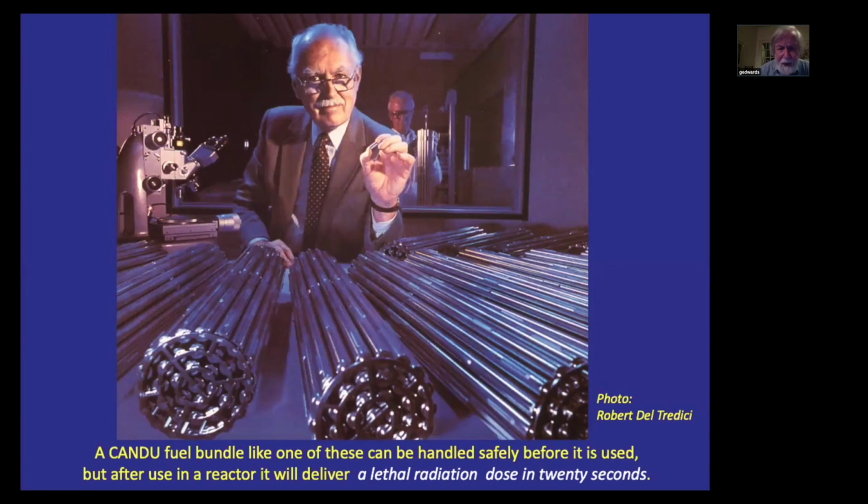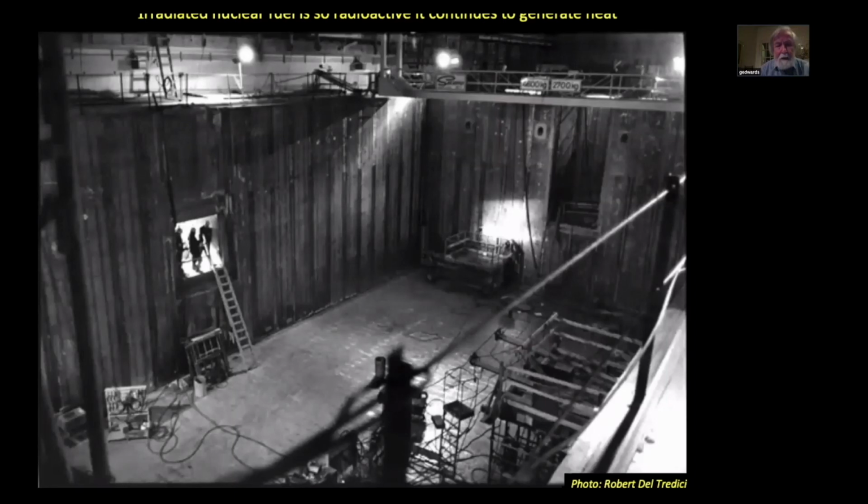However, inside the reactor, the uranium atoms are split, and we get an accumulation of very radioactive fission products, which are so intense that one of these fuel bundles would kill any human being in 20 seconds once it comes out of the reactor at a distance of 1 meter without proper shielding. Consequently, the used fuel is millions of times more radioactive than the fresh fuel and can never be handled by human hands again. It's only going to be handled by robotic equipment. Now here is a picture of a spent fuel pool under construction at Darlington.